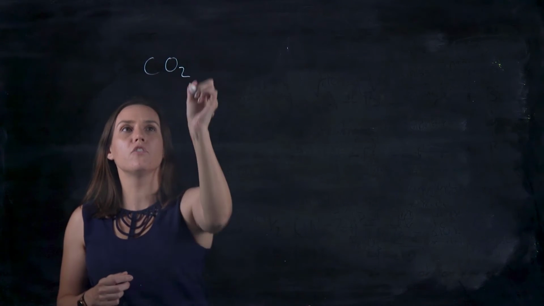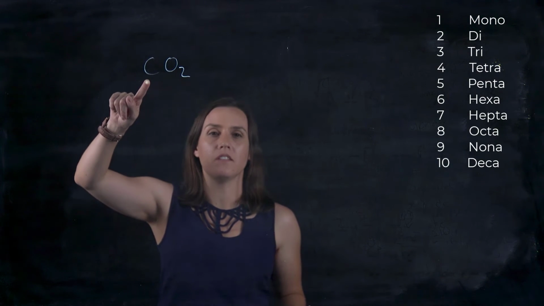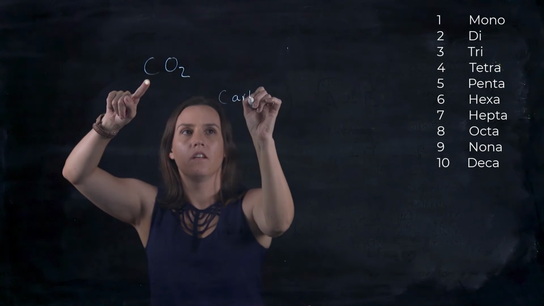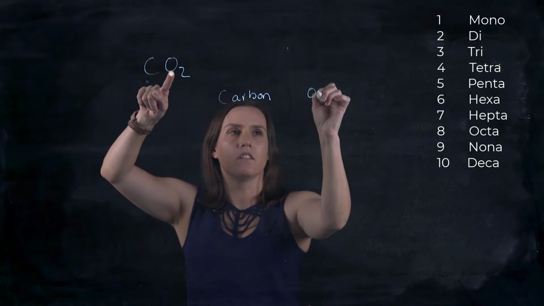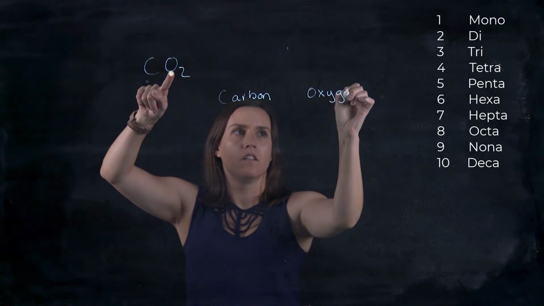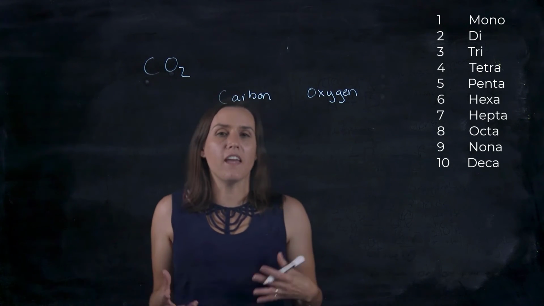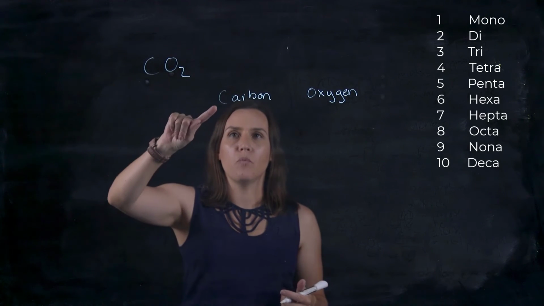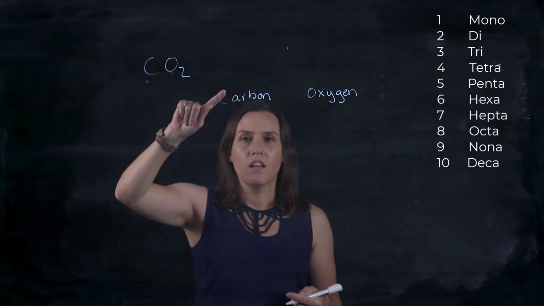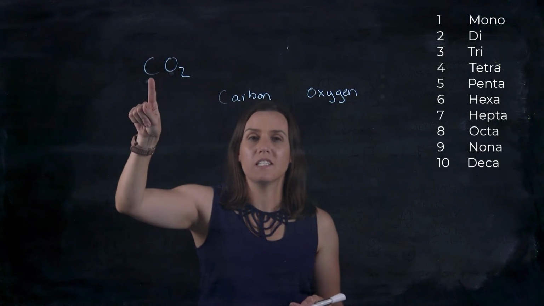So CO2, how do we write that name? Periodic table, what's this element? Carbon. What's this one? Oxygen. Look them up on your periodic table. Then you use di and tri and mono to say how many of everything. With your first element, you don't need to say mono if there's only one, which there is in our case.